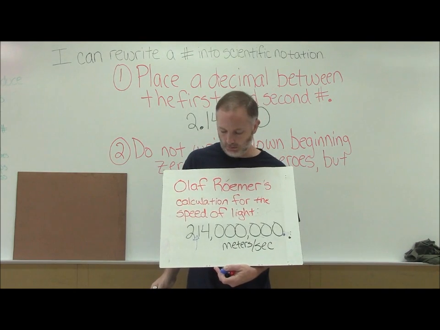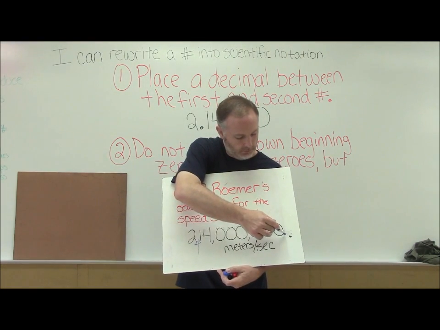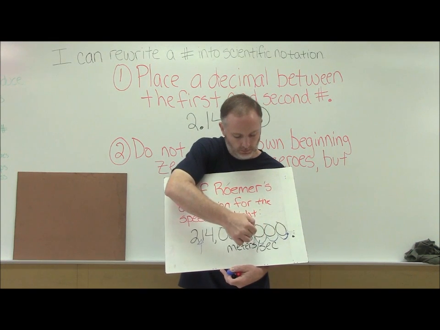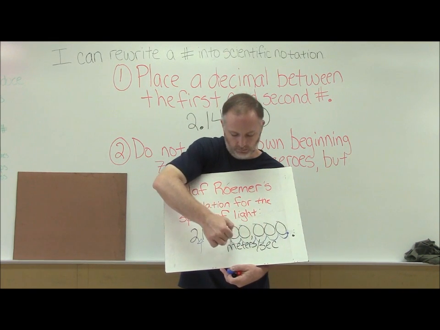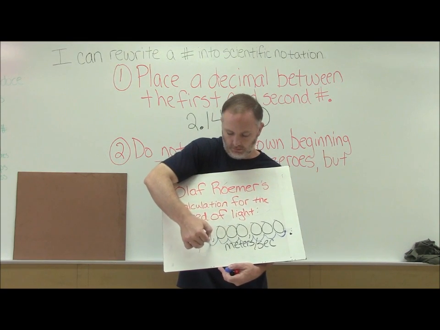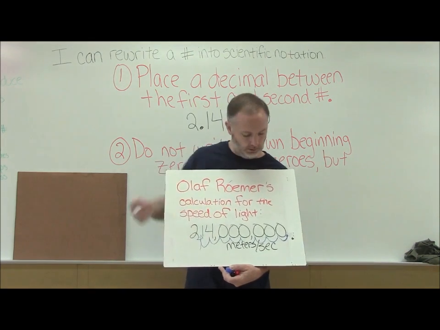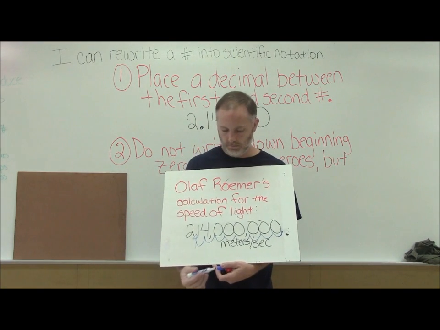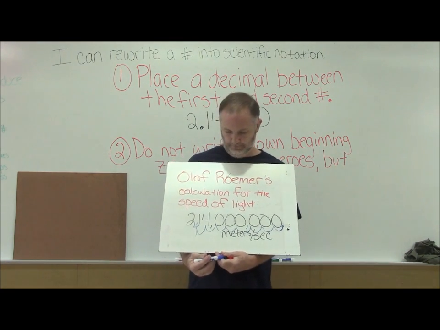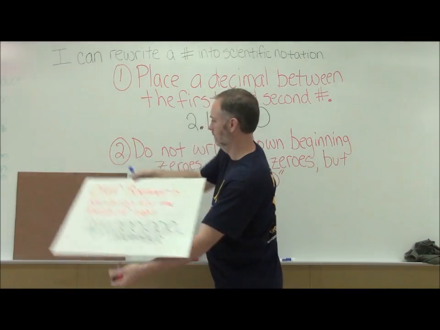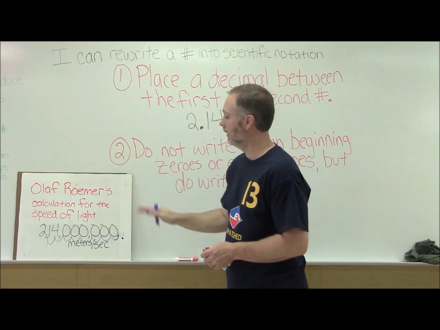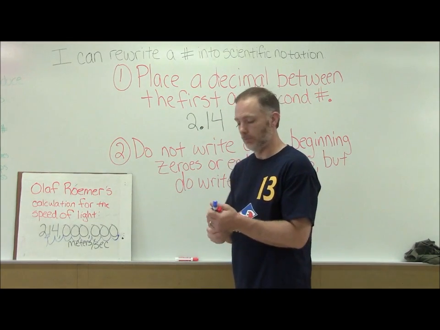Right here is where we place it. So count over how many spaces? 1 space, 2 spaces, 3, 4, 5, 6, 7, 8. So we moved that decimal 8 spaces. So step 3, count how many spaces you moved the decimal place.